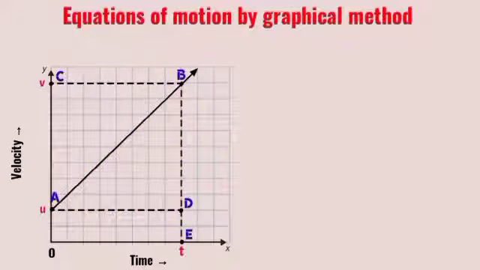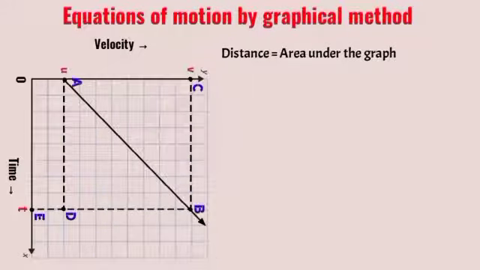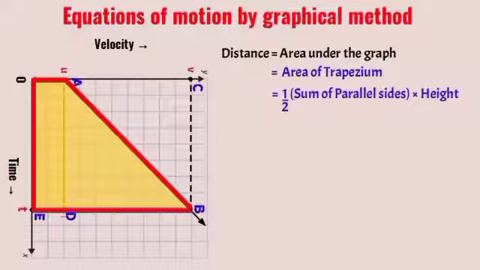Hence the proof. Now let's derive the third equation of motion. Let's consider the same graph here in which area below the graph gives us distance. Let's tilt the graph like this. Here you can see that the area under the graph looks like a trapezium. Area of trapezium is given by half into sum of parallel sides into height.